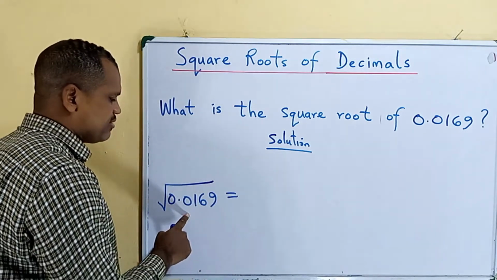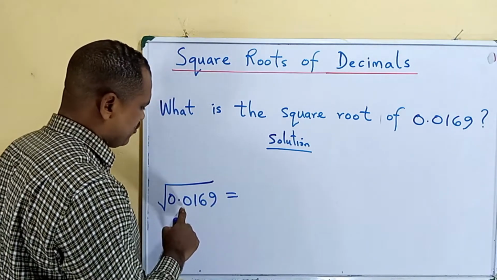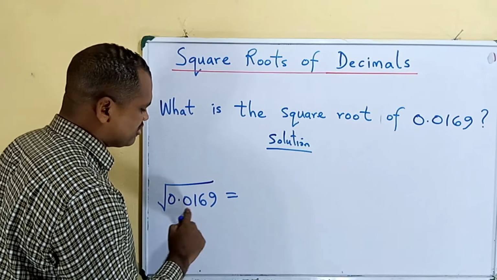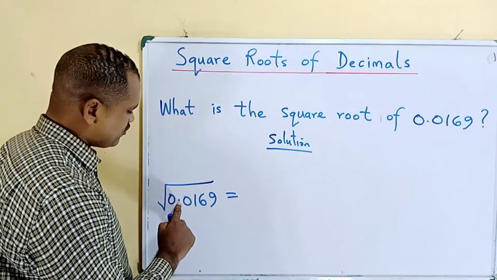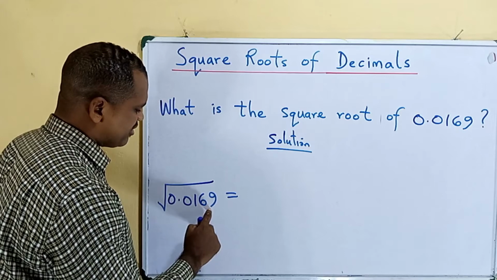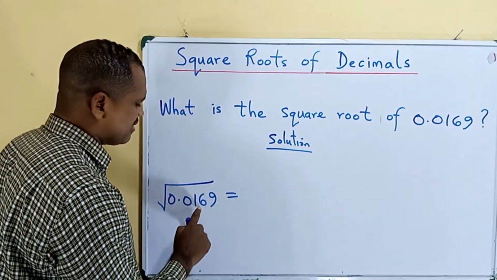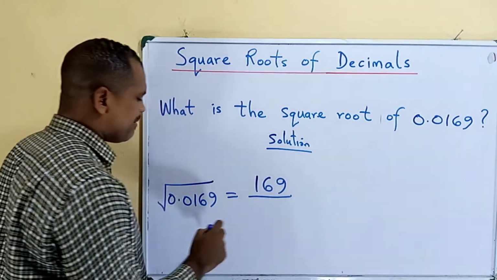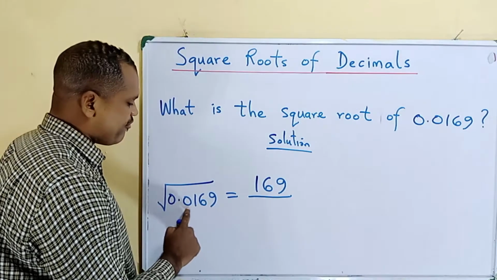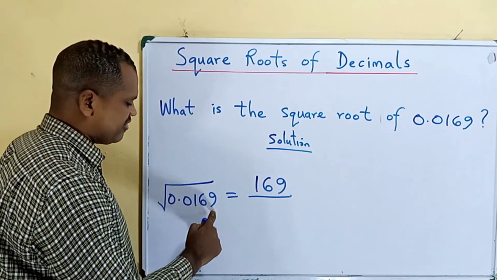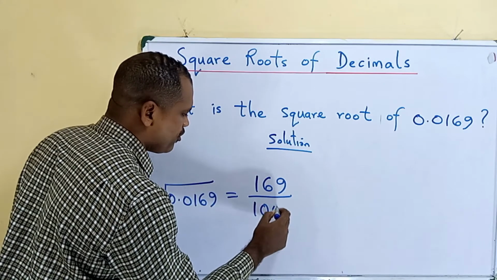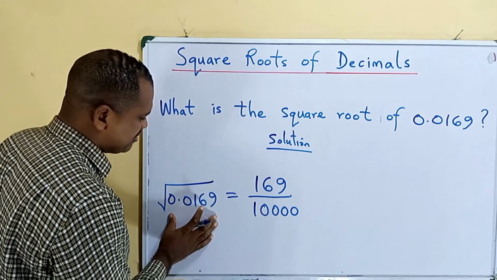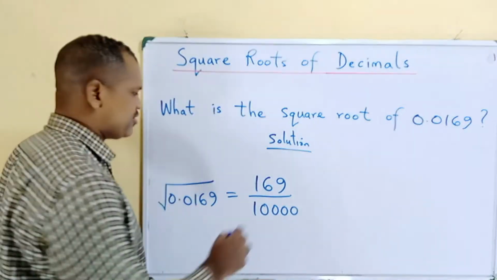You change this decimal to a fraction. So you move the decimal point until it crosses the last digit here. So 1, 2, 3, 4. So you have your 169, because the decimal point crossed 4 digits. Here we have 4 zeros. So that will be 10,000. So you have changed this decimal to a fraction.